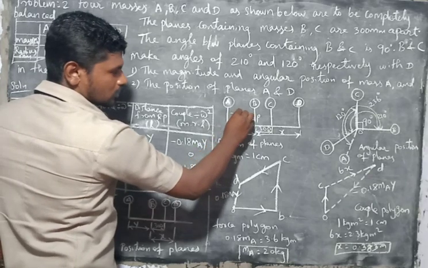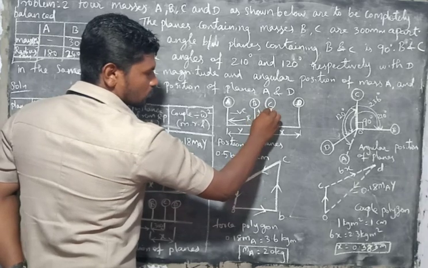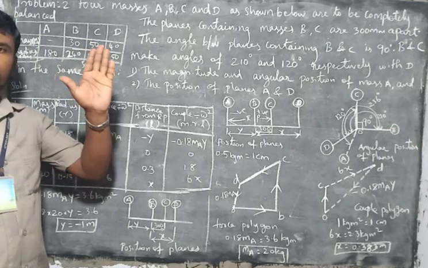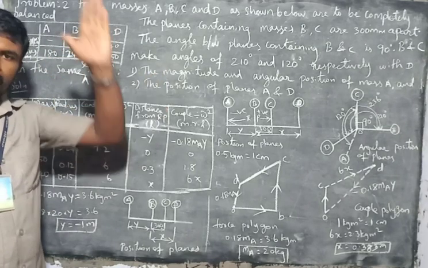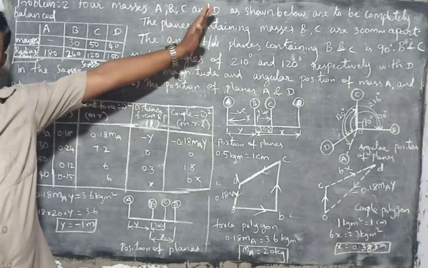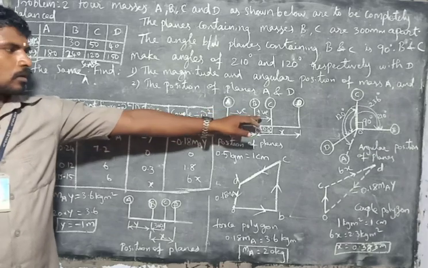Left side direction is negative, right side direction is positive. Anyway, you have to refer to the graph: leftwards means negative, rightwards means positive.